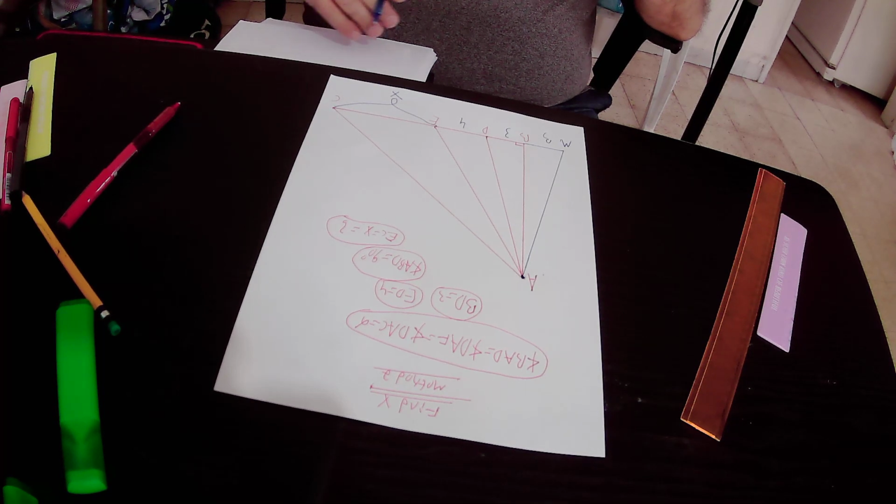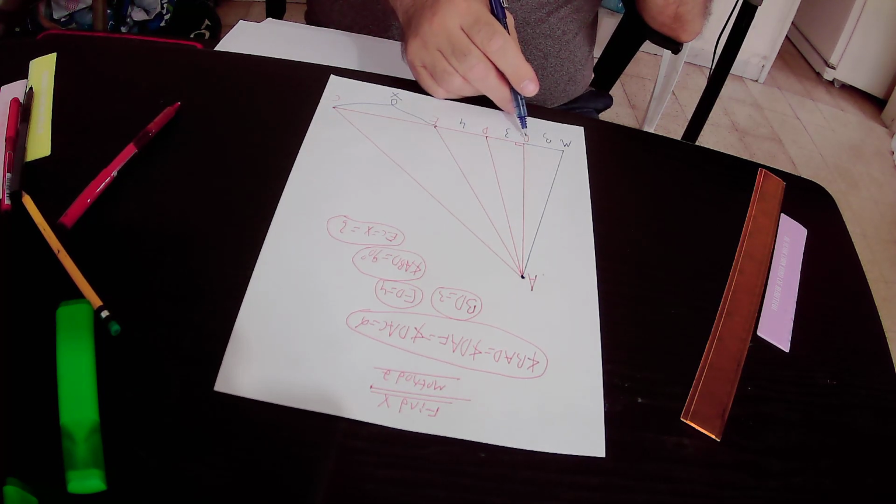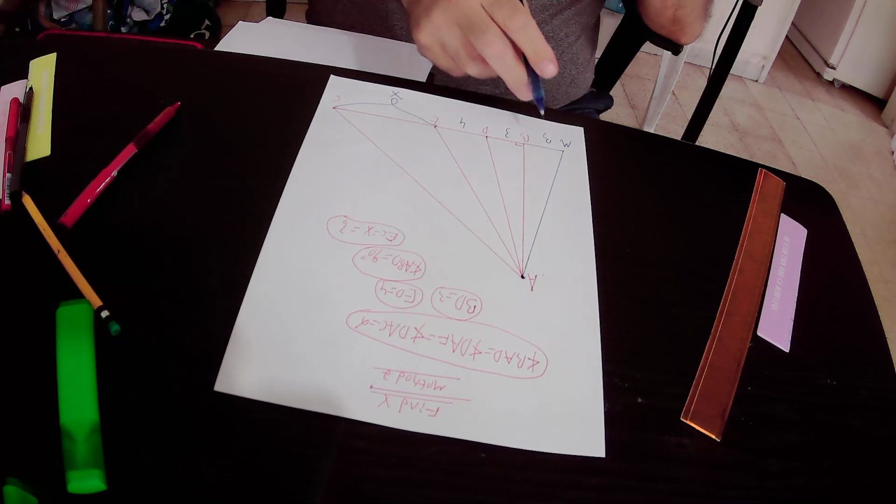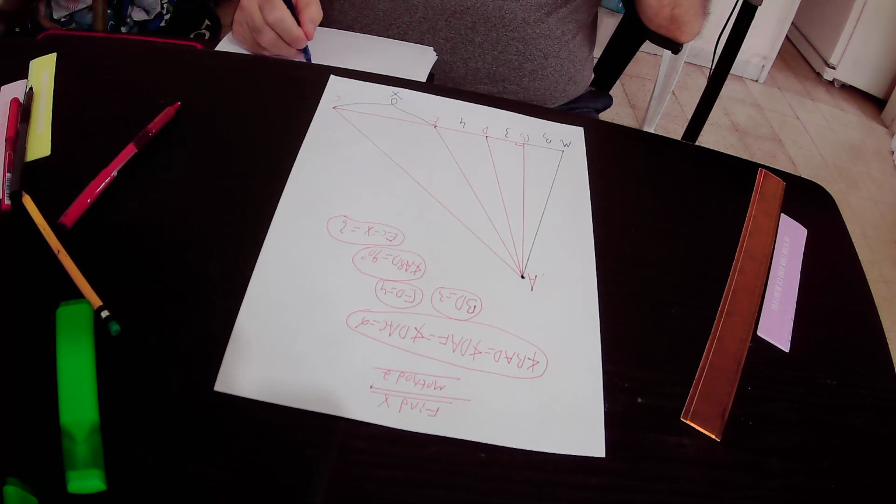Okay, so which angles do we have at point B on the straight line MD? We have here ABD is the right angle, so it equals 90 degrees, plus the size of angle ABM must be equal to 180 degrees.